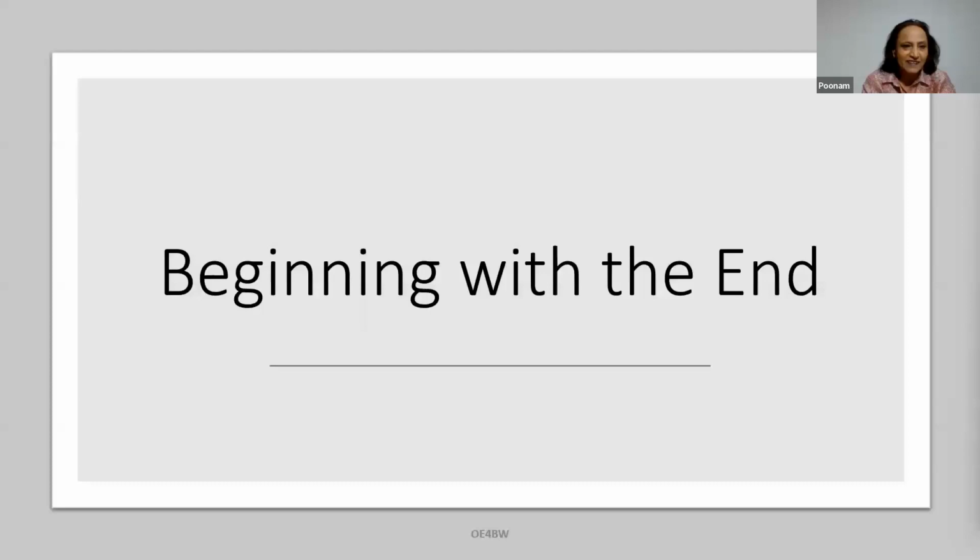So I'll continue with the topic, "Beginning with the End." It actually means planning backward for designing a course. Backward designing is about starting with desired student learning outcomes and working backwards through assessments, learning activities, and content delivery.